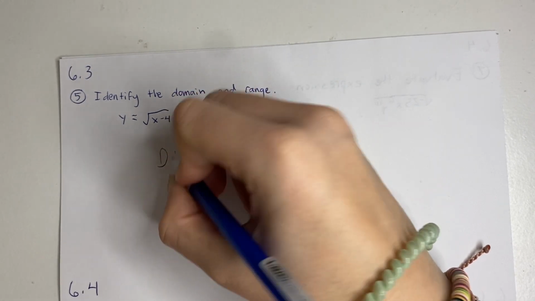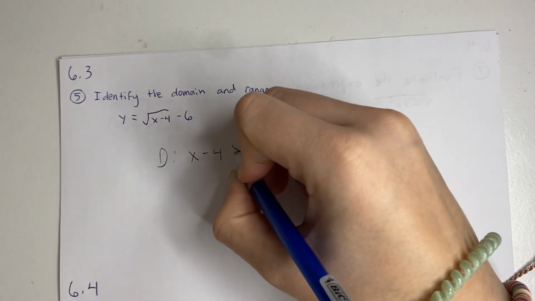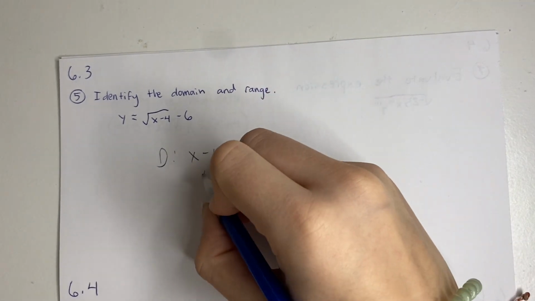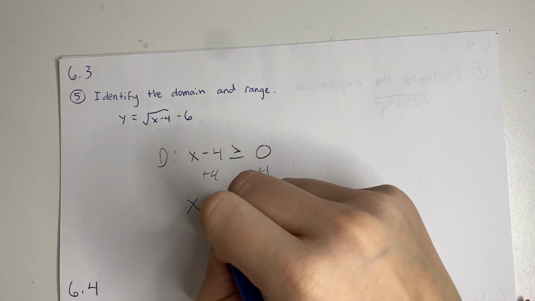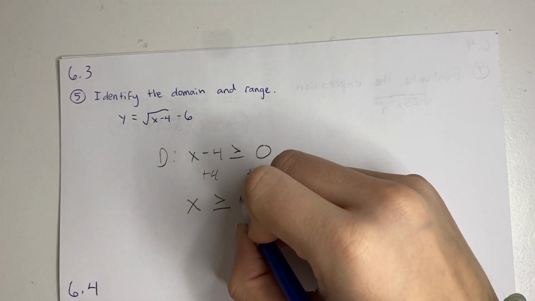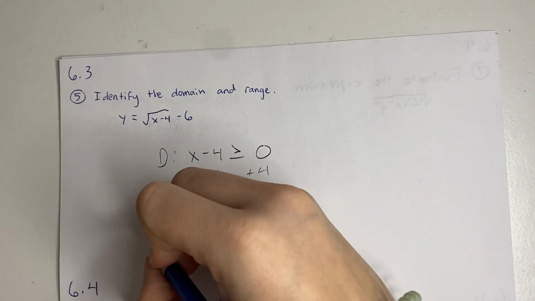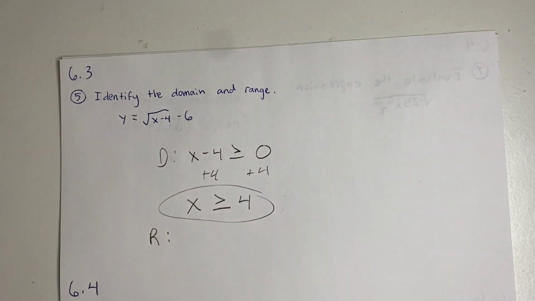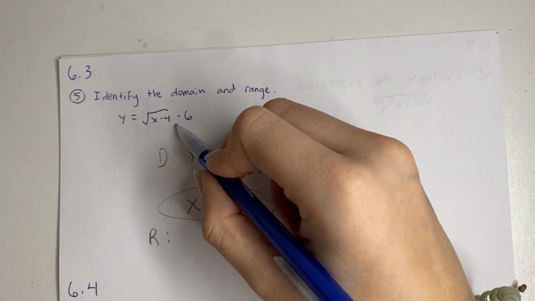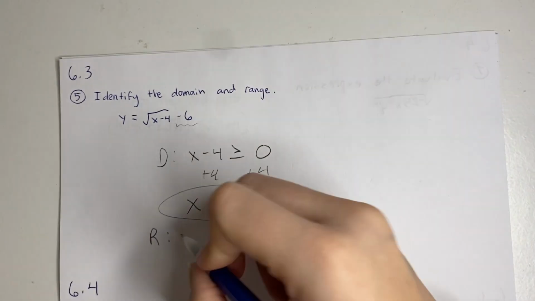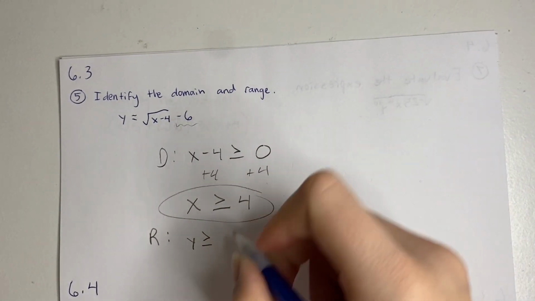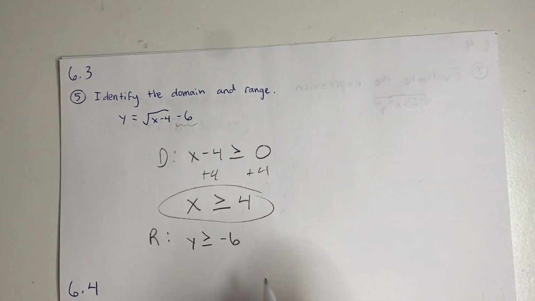So domain would be x minus 4 is greater than or equal to 0, and then you add 4 to both sides, giving you x is greater than or equal to 4. And then for the range, it's just what's left over here, and that is y is greater than or equal to negative 6.